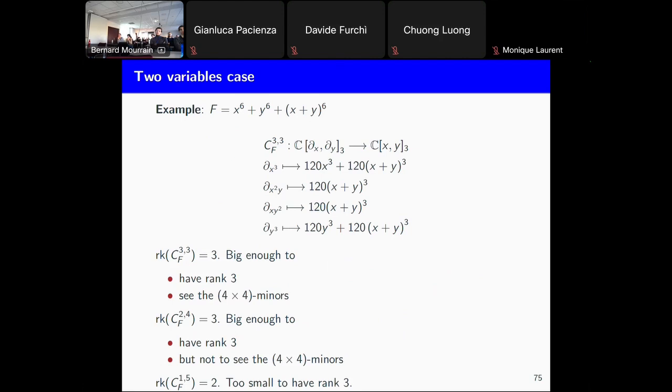So the first catalecticant didn't have rank 3 because it has rank 2 and it only had 2 columns, and it was not possible to have rank 3. As soon as you have room enough to have the right rank, you get it, and you can certify it's the right rank of the matrix as soon as you have the minors being 0.